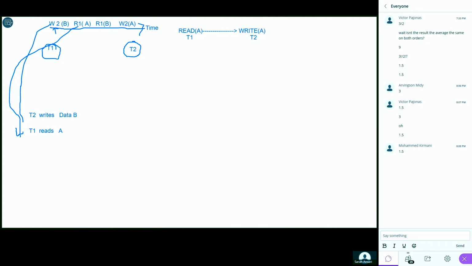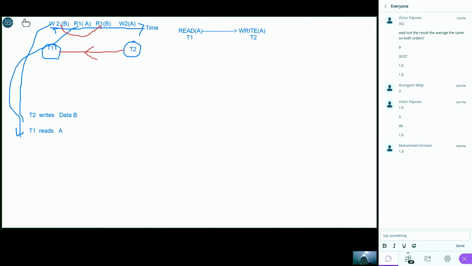Transaction 1 is reading B. Right here. So this tells us that 2 must come before 1. So when we join these, the arrow will be in this direction because 2 has to happen before 1 because of this.